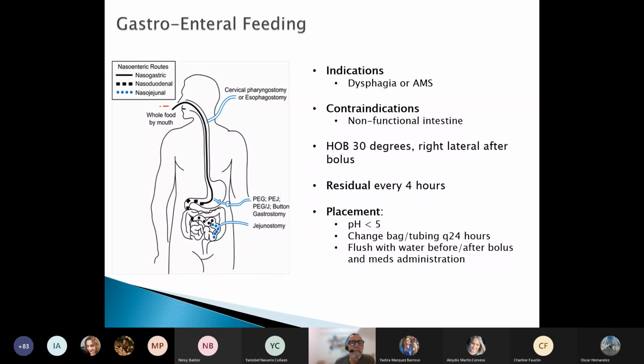First, because it can be pulled out at any moment without being witnessed by the nurse. And when the tube is pulled out, obviously the tip won't be in the stomach anymore.